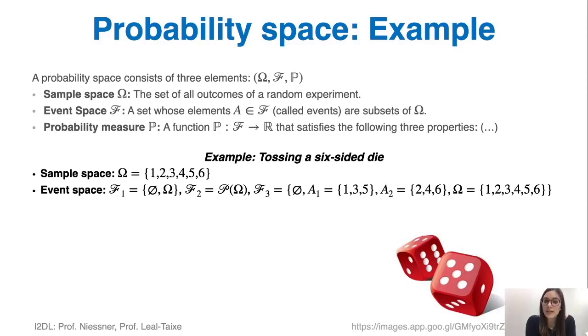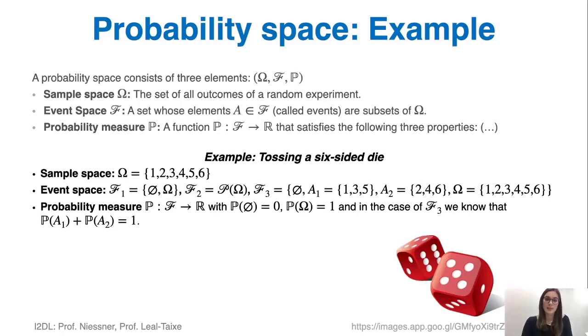And our F3 is an example for a third possibility where we don't have the smallest one and not the biggest one, but one in between. Here you can see that the elements are defined to be the empty set, the whole set omega, and we also have 2 other sets, A1 and A2. A1 is the set of odd numbers, including 1, 3, and 5, and A2 is the set of even numbers, 2, 4, and 6.